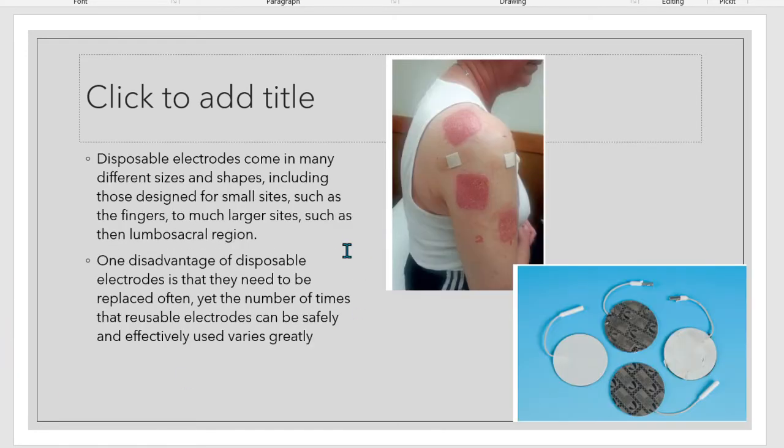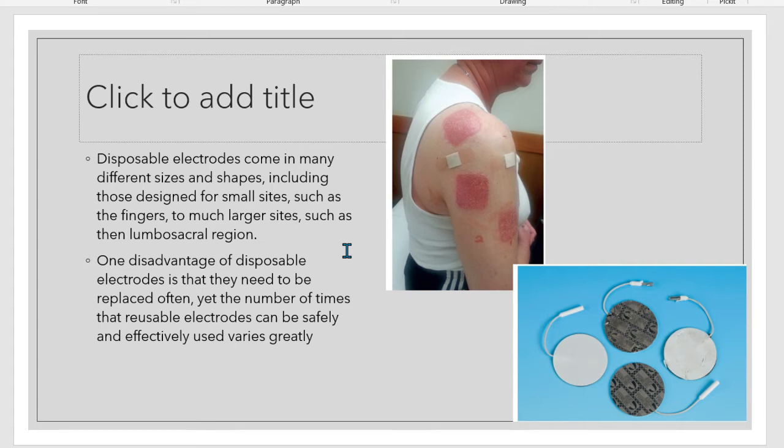Disposable electrodes come in many different sizes and shapes, including those designed for small sites such as fingers to much larger sites such as the lumbosacral region. One disadvantage of disposable electrodes is that they need to be replaced often, yet the number of times that reusable electrodes can be safely and effectively used varies greatly.